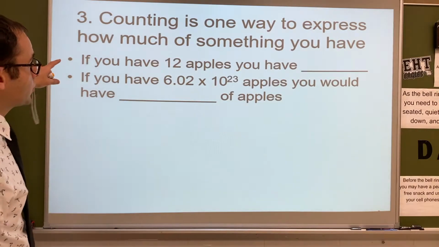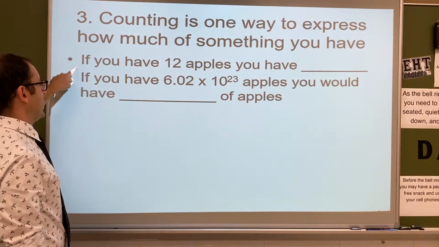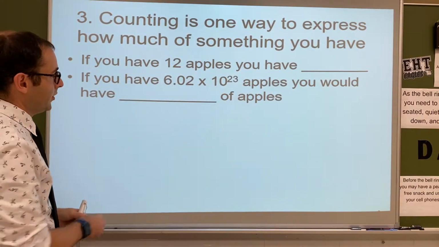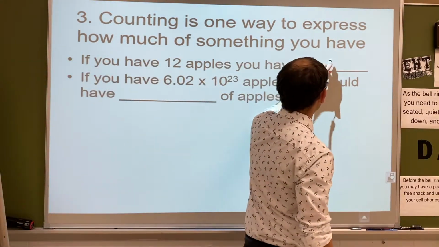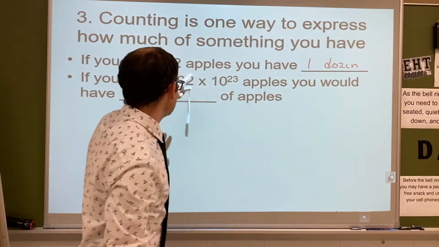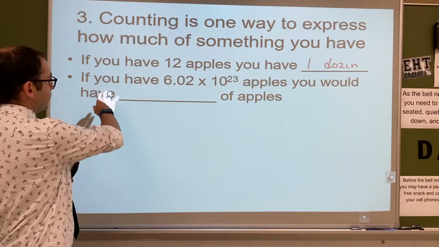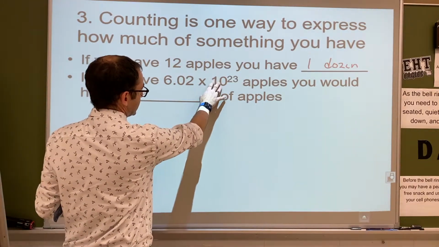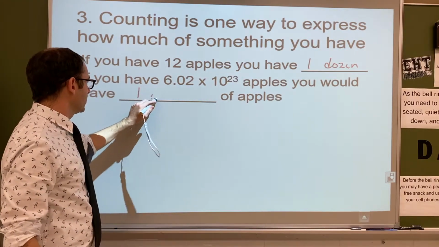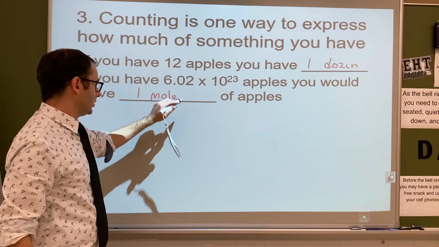Now, counting is one way to express how much of something you have. So if you have 12 apples, we could turn that into another word that we know. We could say that we have 1 dozen, right? 1 dozen apples equals 12 apples. So if we have 6.02 times 10 to the 23rd apples, we would actually have 1 mole of apple.